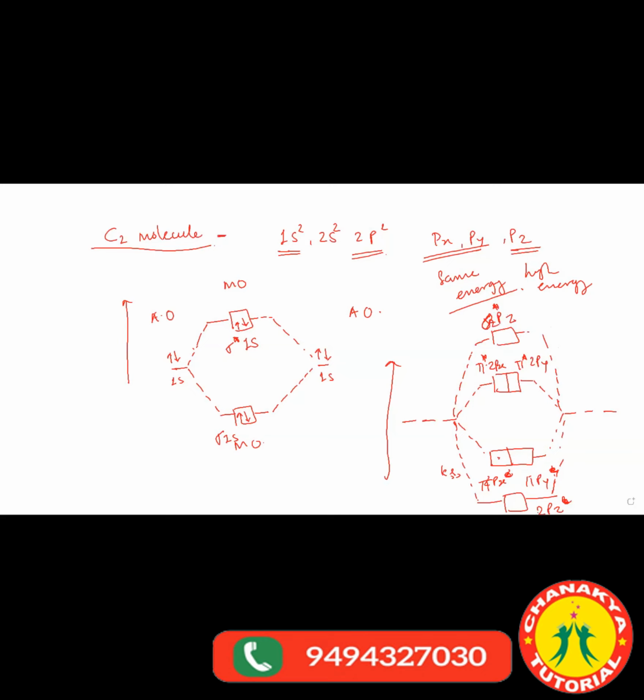This will be the sigma 2pz, and that will be the sigma star 2pz. So in this sequence, electrons should be filled. So this you understood. 2s also you might have understood, in the same way it will be filled.